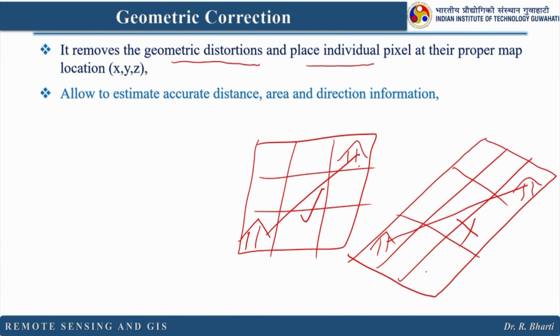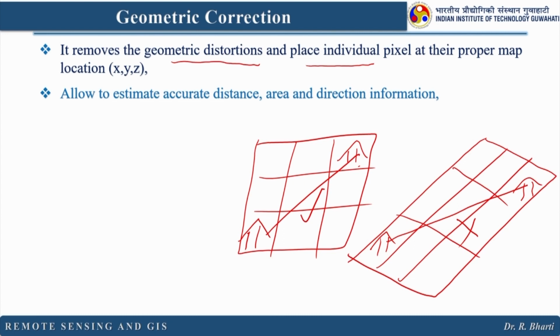So, you need to take care of this geometric correction, then only can you accurately estimate the distance, area and direction information, right. Because normally when we capture images from a satellite, it may appear as a normal photograph.